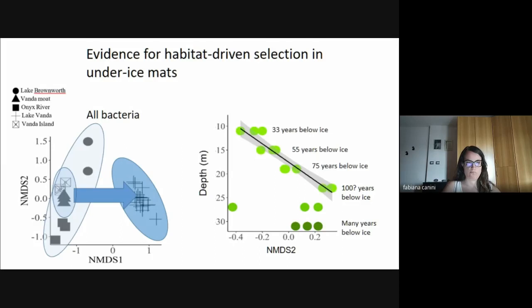But there's a high level of similarity between organisms that have been there 100 years, 75 years, and many more than 100 years below the ice cover. So there is convergence again in terms of the NMDS scores of communities at great depth, and this clear structural change which we can potentially attribute to either a habitat characteristic or to a successional process. A consistently successional process which appears to be driven by habitat.